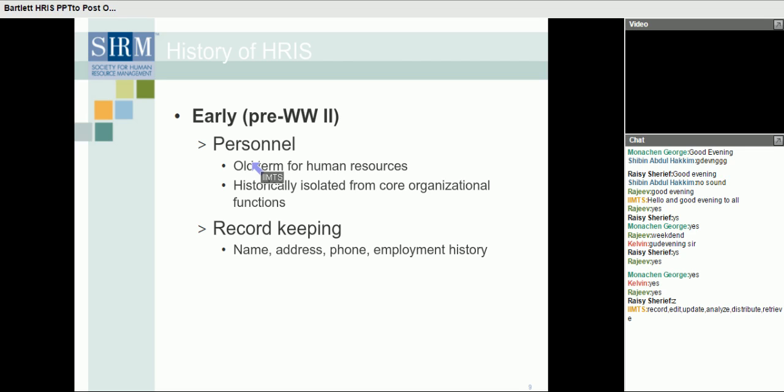Then let us see some of the history of HRIS, how it has evolved. Personnel, the old term for human resources, was historically isolated from core organizational functions. Then record keeping: name, address, phone, employment history.